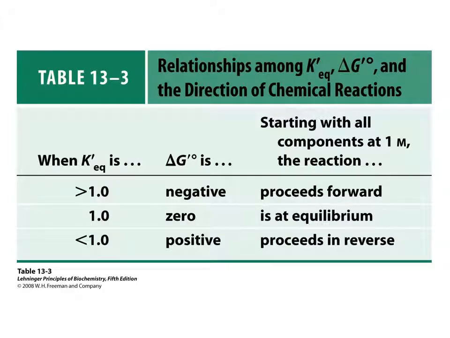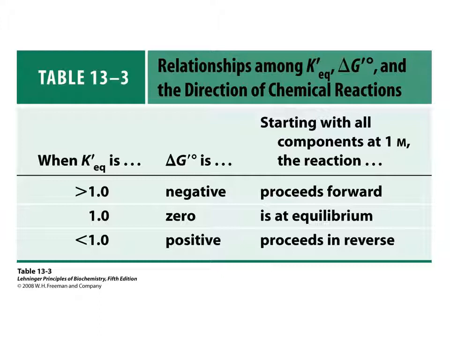So what is the simple relationship between the equilibrium constant, K prime equilibrium, and delta G prime 0, and the direction of the chemical reaction? We can have K prime equilibrium as more than 1, 1, or less than 1.